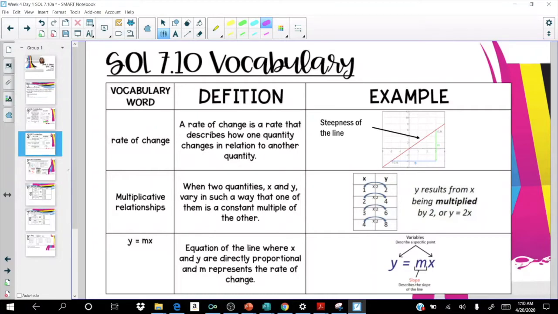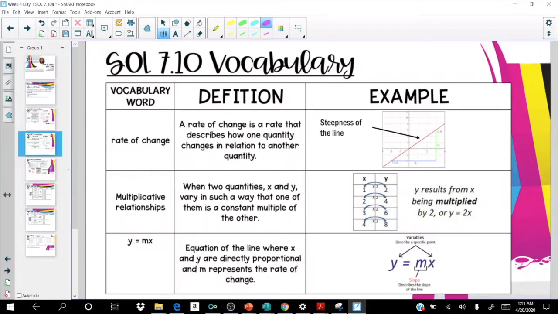Y results from x being multiplied by 2, or y is equal to 2x. If you notice, the definition for multiplicative relationships is almost identical to the definition for proportional relationships because they represent the same thing. A multiplicative relationship is the same as a proportional relationship.